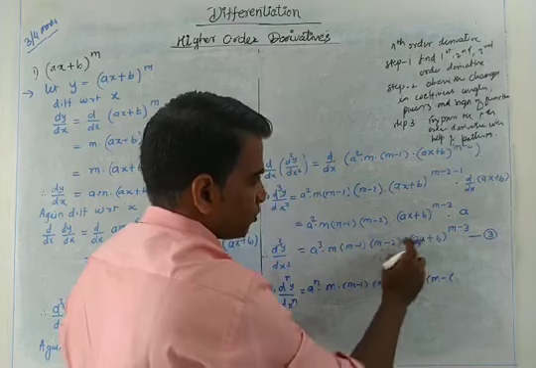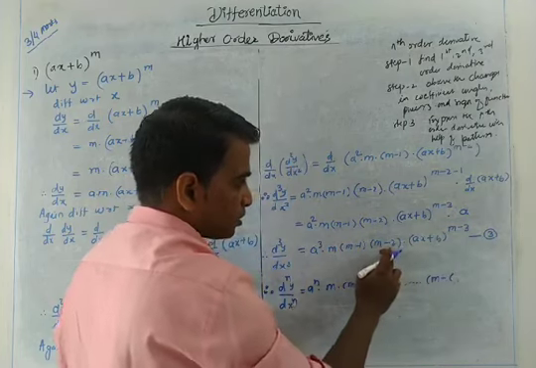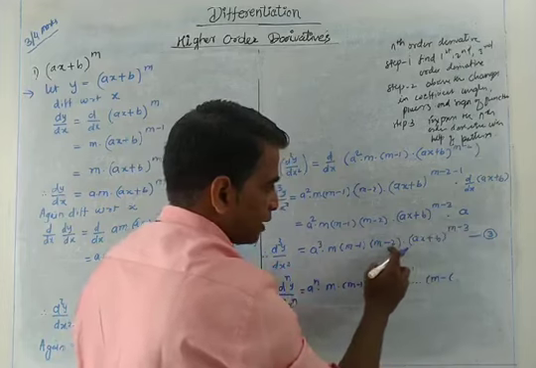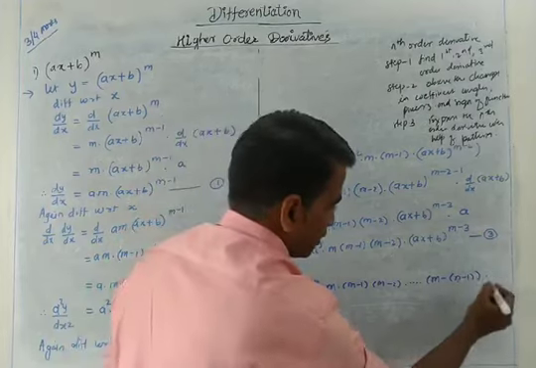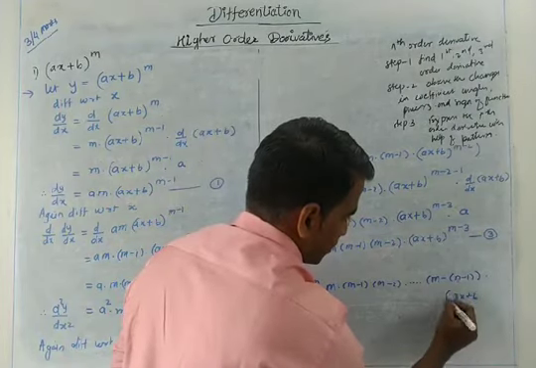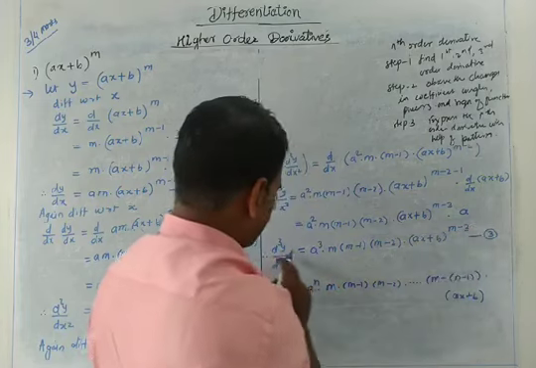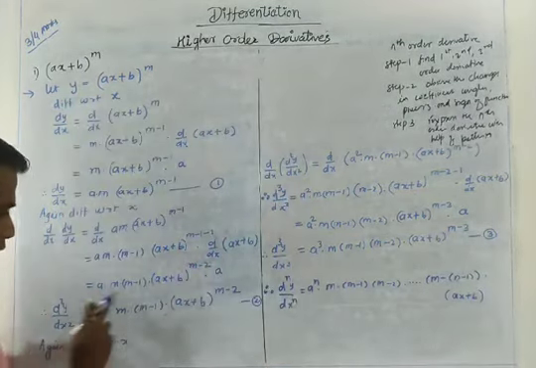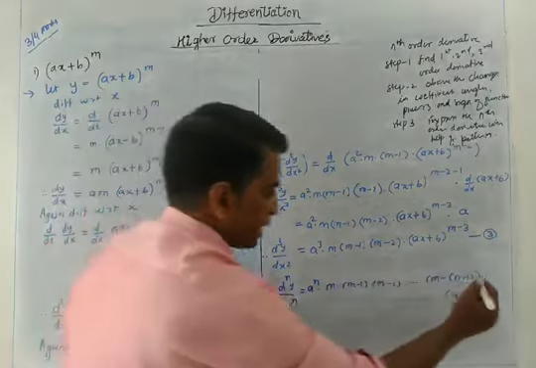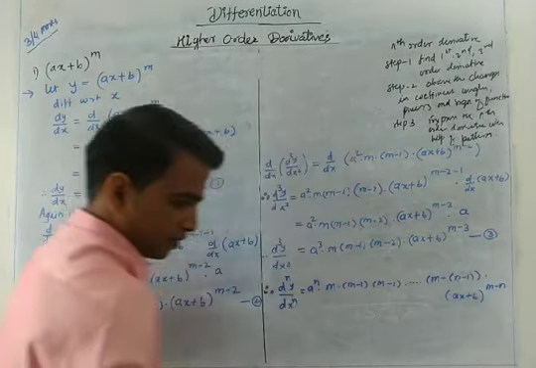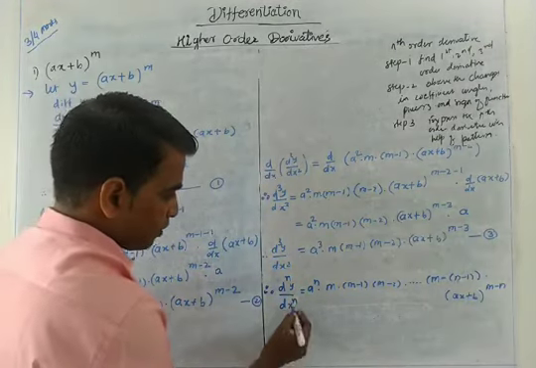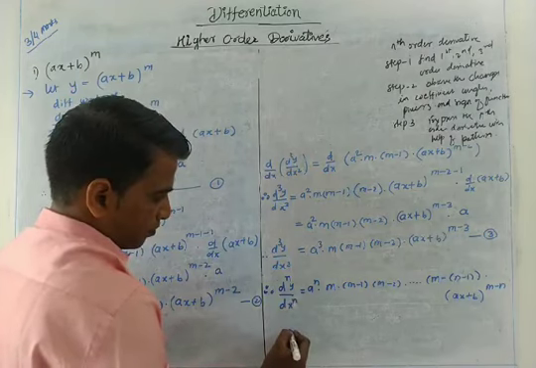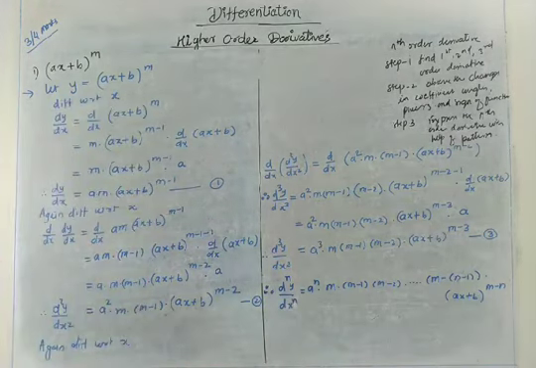When it is 3, you got 2 here. So if it is n, you will get n minus 1 here. Then into (ax + b) raised to m minus 3 if it is third order. If it is second order, m minus 2. If it is nth order, you will get m minus n. Okay, so this is your nth order derivative. See, check all the steps properly.